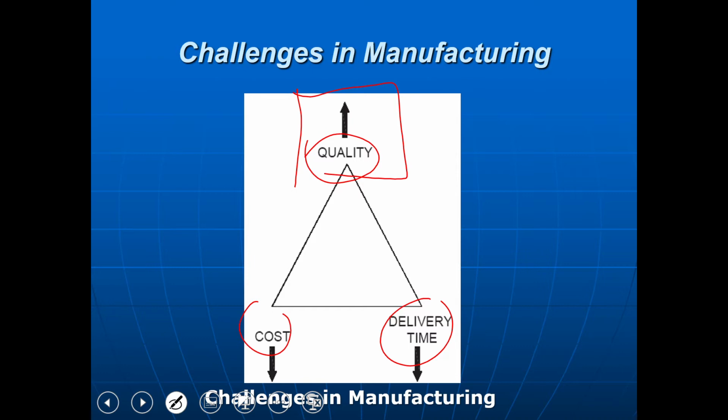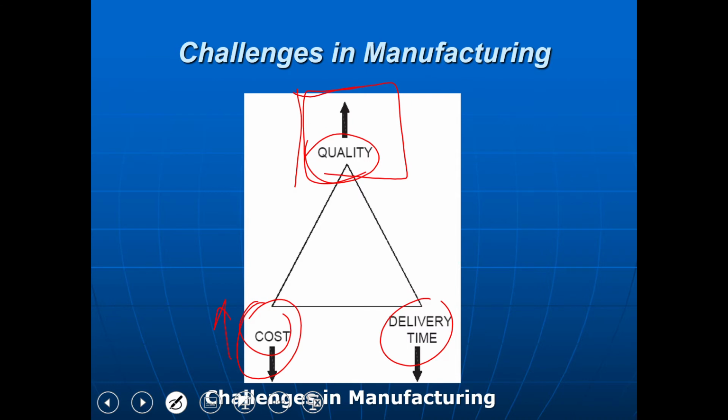We need to fulfill the standard, the ISO standard, quality standard, whatever standard we follow. This is the first one, the top: the quality. But we need to control the cost at a lower cost. For sure, when we think positively, if we want to make a better quality product, we need to invest more cost.